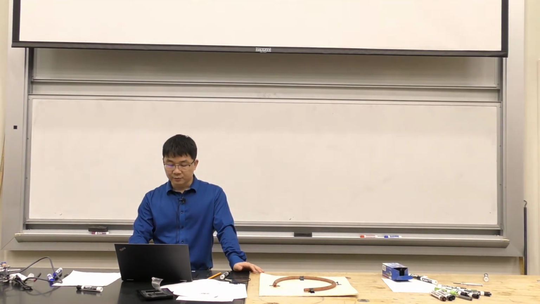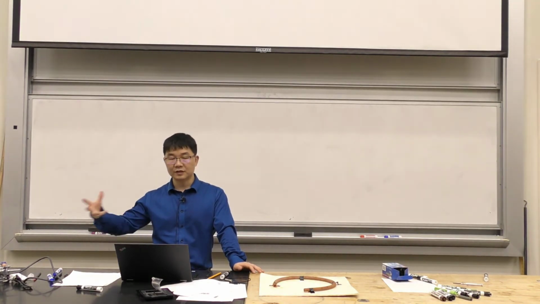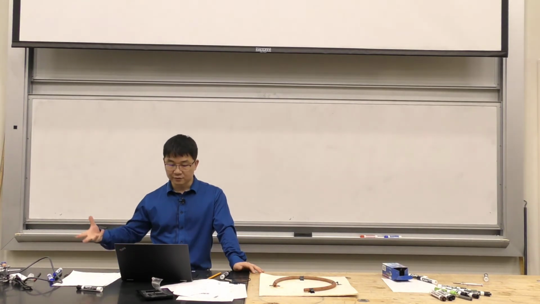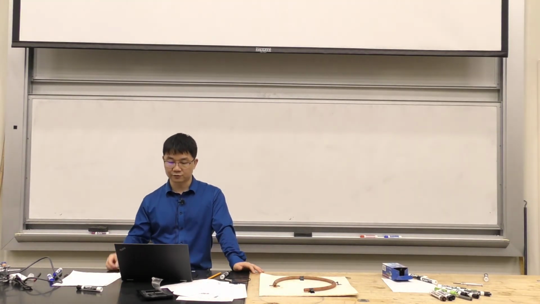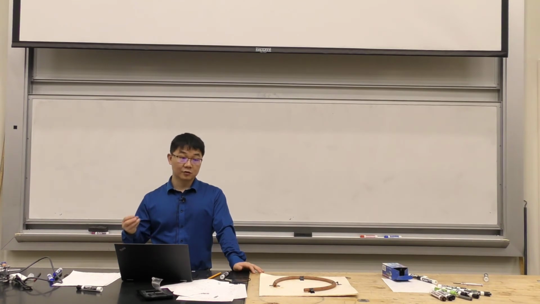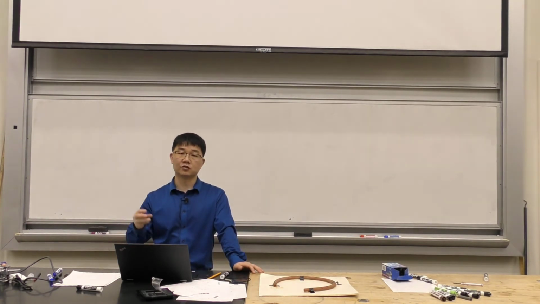Another way you can confirm the existence of inertia is that there are things around us you can use to confirm the existence of inertia, Newton's first law, right? Newton's first law says if the net force on the object is 0, it continues moving in a straight line with a constant velocity.